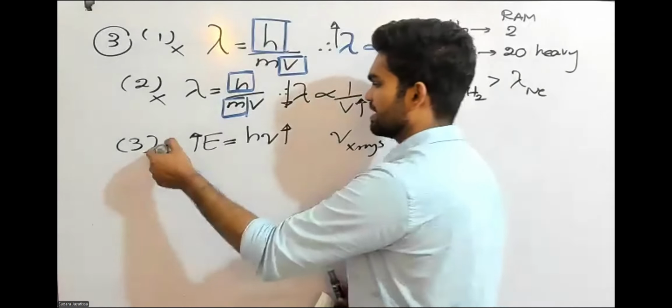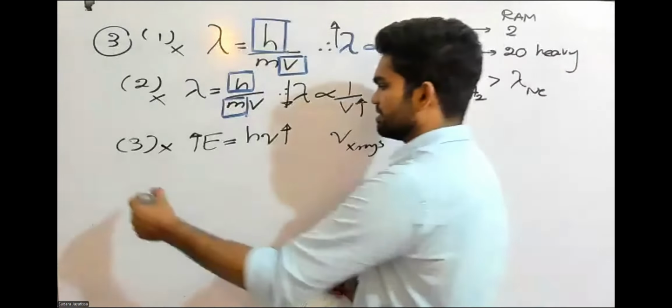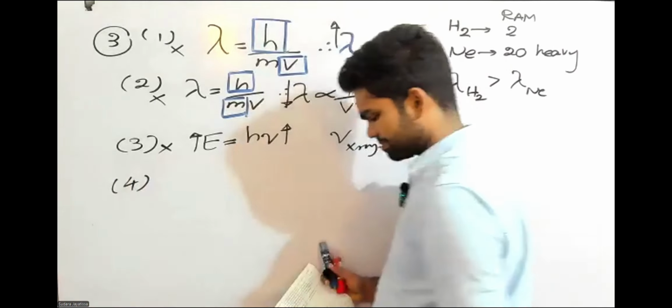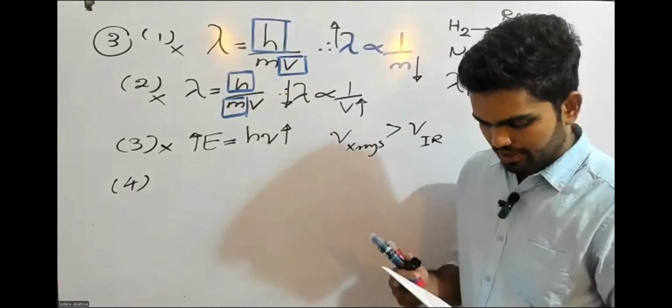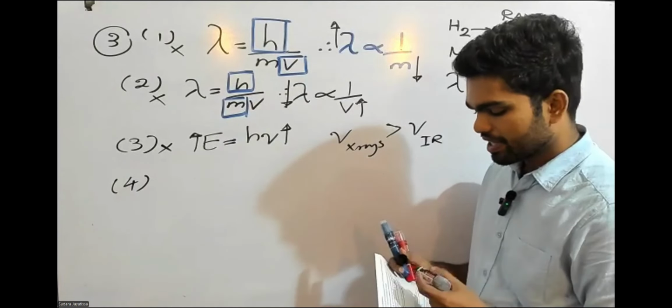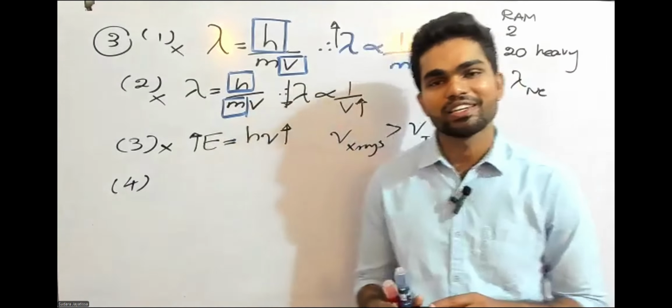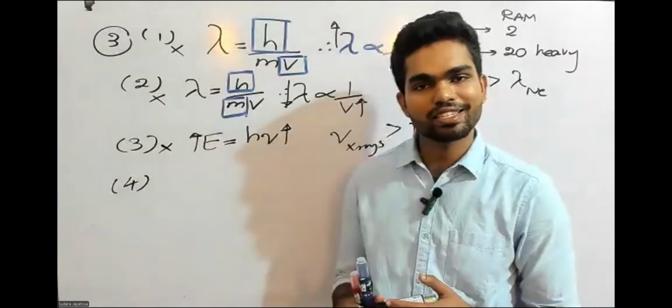Like that, this is also wrong, right? And let's go to the next one. The fractions of photons can be absorbed or released during energy exchanging processes. No, that's never going to happen.